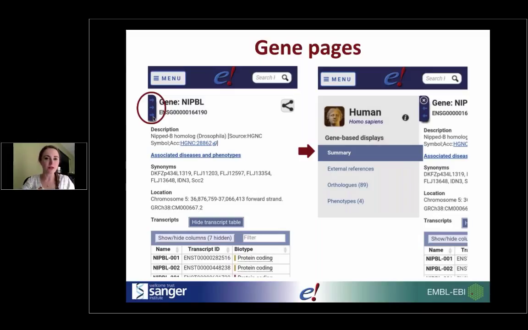We don't have any of the larger things like Biomart or the VEP working in the mobile site. We think this will be really useful to people at conferences who want to quickly look up a gene that somebody's mentioned, or if you're at coffee and somebody mentions a gene or a variant of interest, you can quickly look it up.